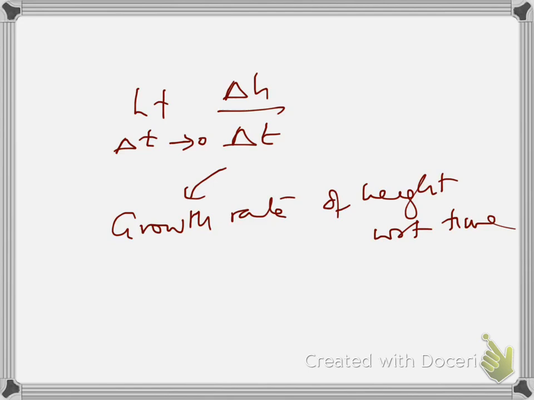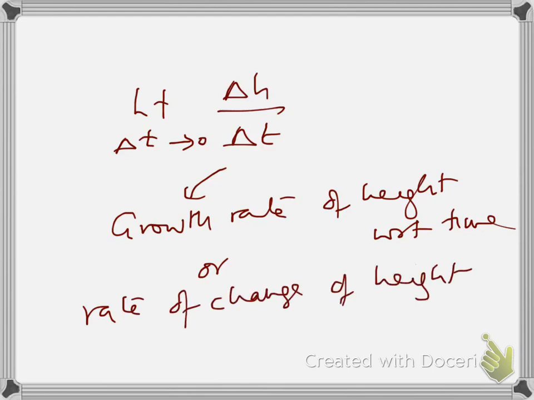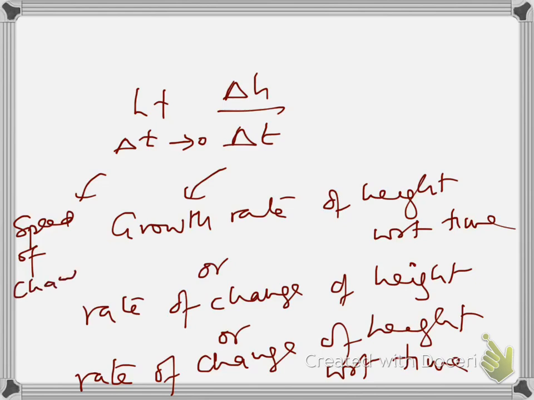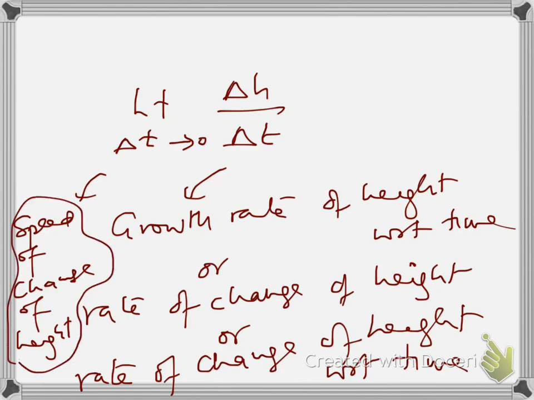So it is growth rate of height with respect to time, or you can say rate of change of height, and you can just stop there, because in physics rate of change means with respect to time, or to be more precise, rate of change of height with respect to time, or you can say speed of change of height with respect to time. Okay, all these mean the same thing.